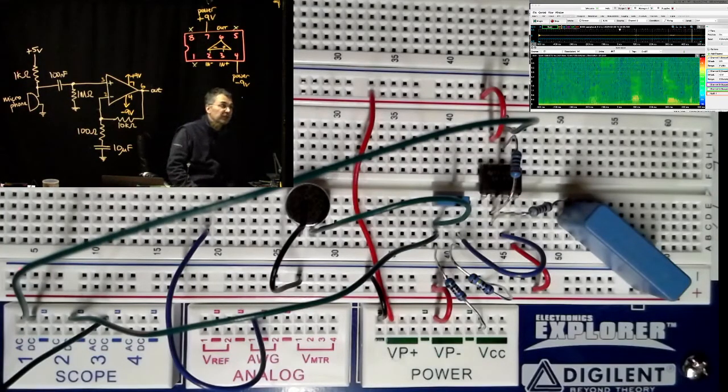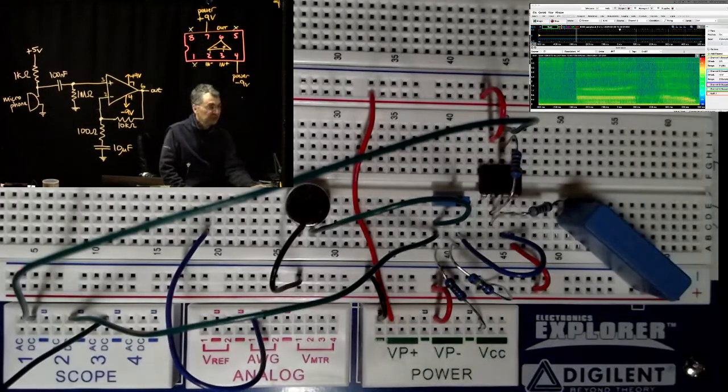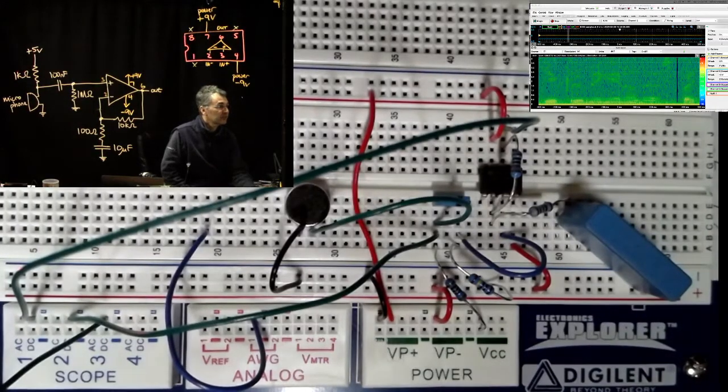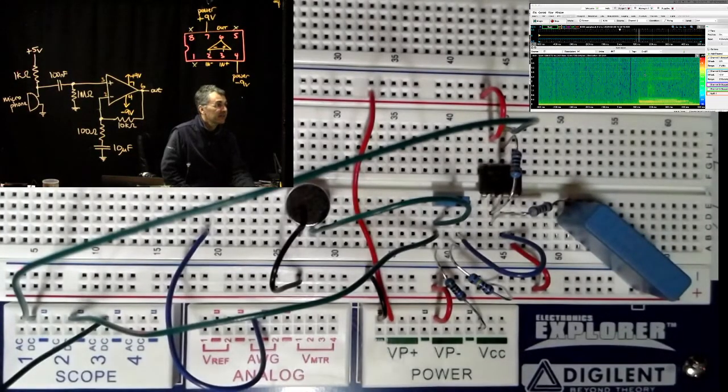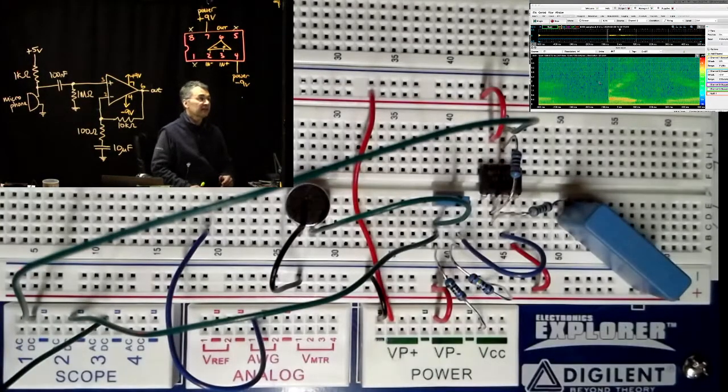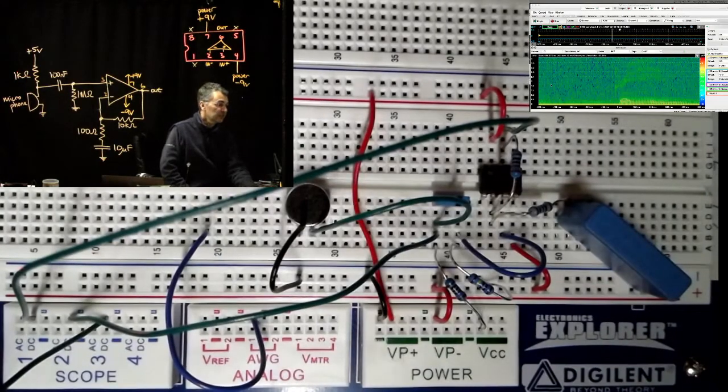A spectrogram. So in the top right of the screen, you basically see time going from left to right, but time is quantized.